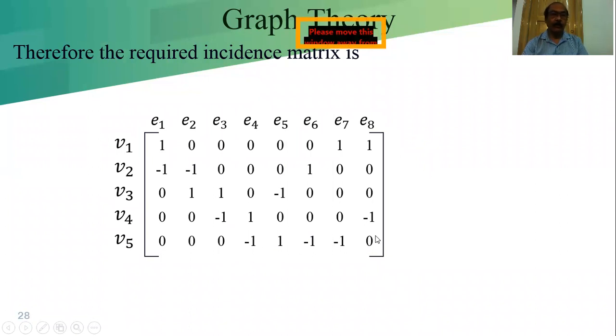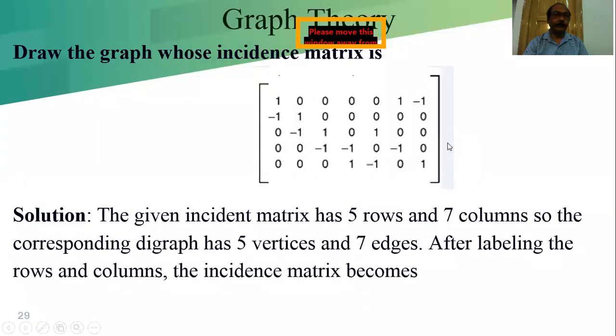Now we have to go from the incident matrix to the directed graph. Draw the graph whose incidence matrix is this. It is given. From that we have to draw the directed graph. Solution. The given incident matrix has how many rows? 5 rows. And how many columns? 7 columns.